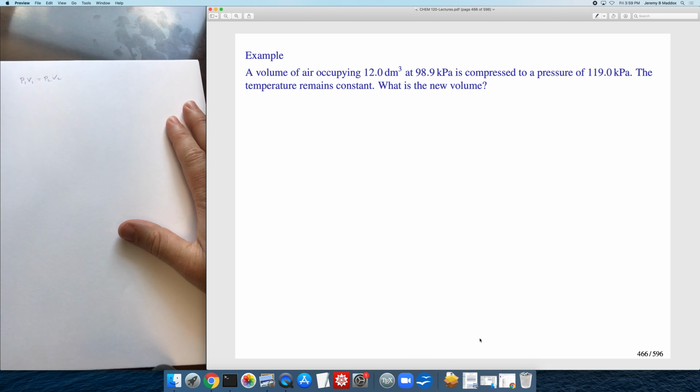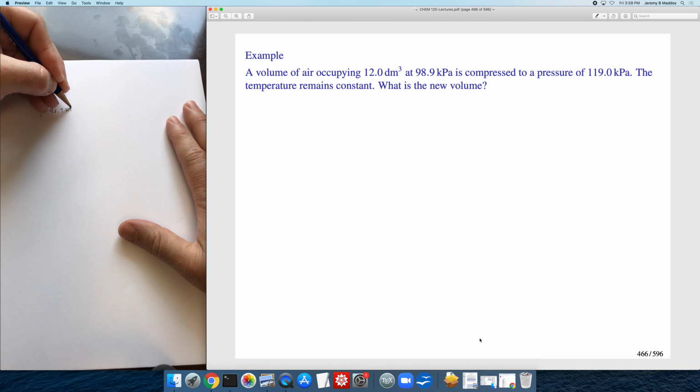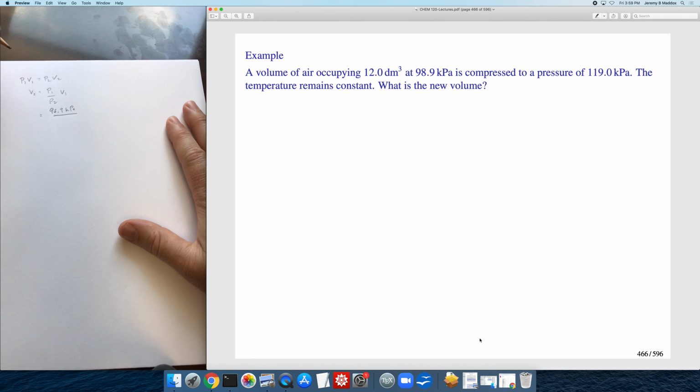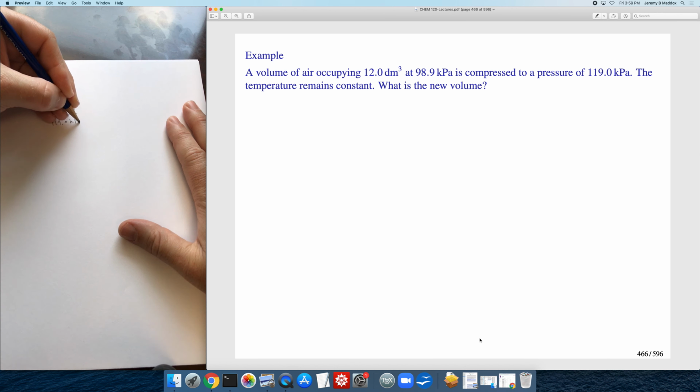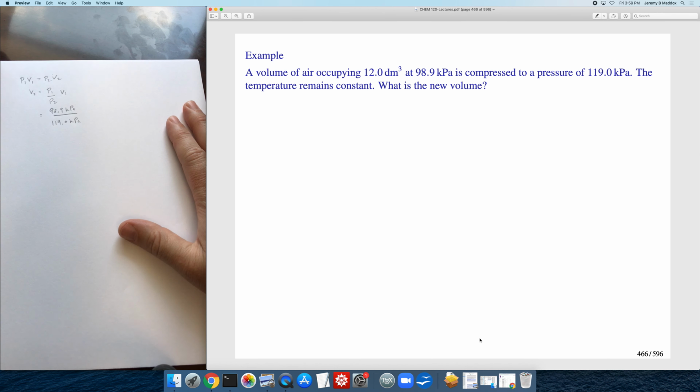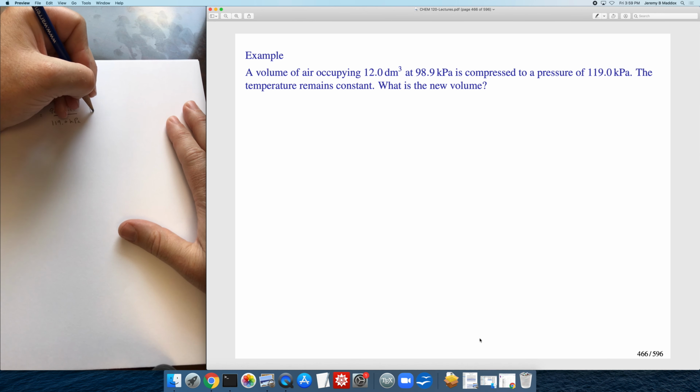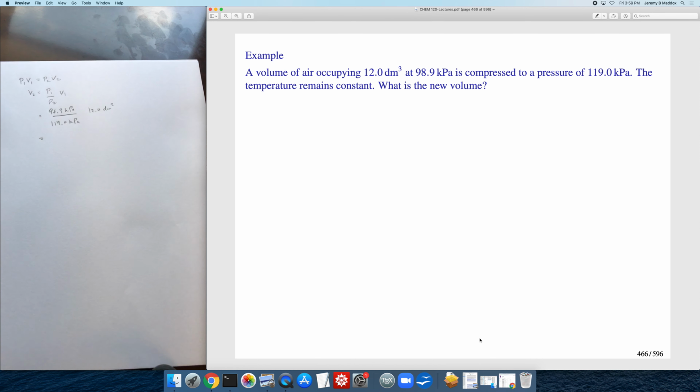We're solving for the new volume. The initial pressure was 98.9 kilopascals. Divide that by 119 kilopascals. Multiply that by the initial volume. Run that through your calculator.